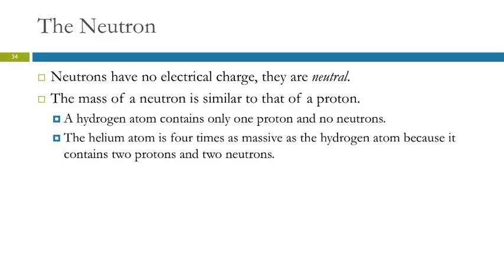So a hydrogen atom has 1 proton and no neutrons. The helium atom, which is 4 times as massive, has 2 protons and 2 neutrons. So for hydrogen, we've got 1 proton, and for helium, we have 2 protons and 2 neutrons, a total of 4 particles. So helium weighs 4 times as much as hydrogen.